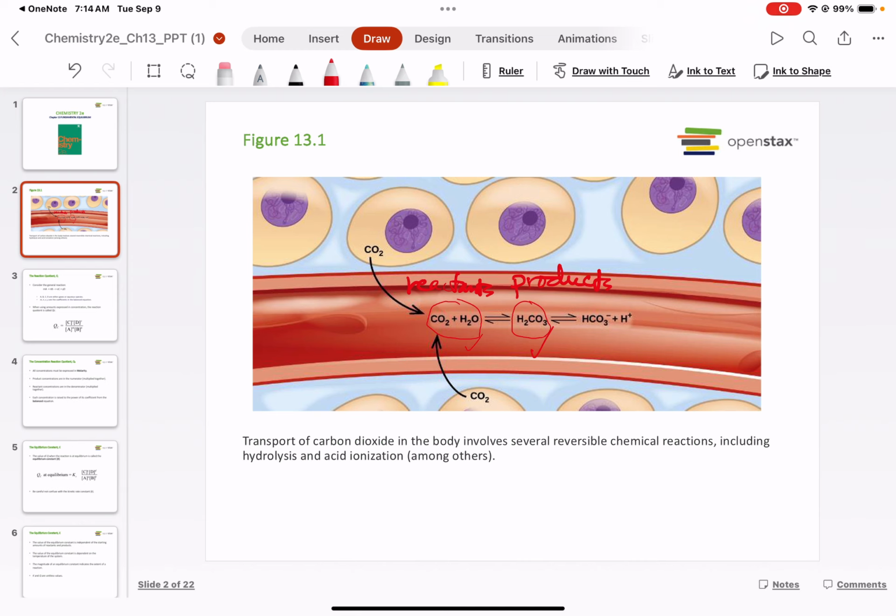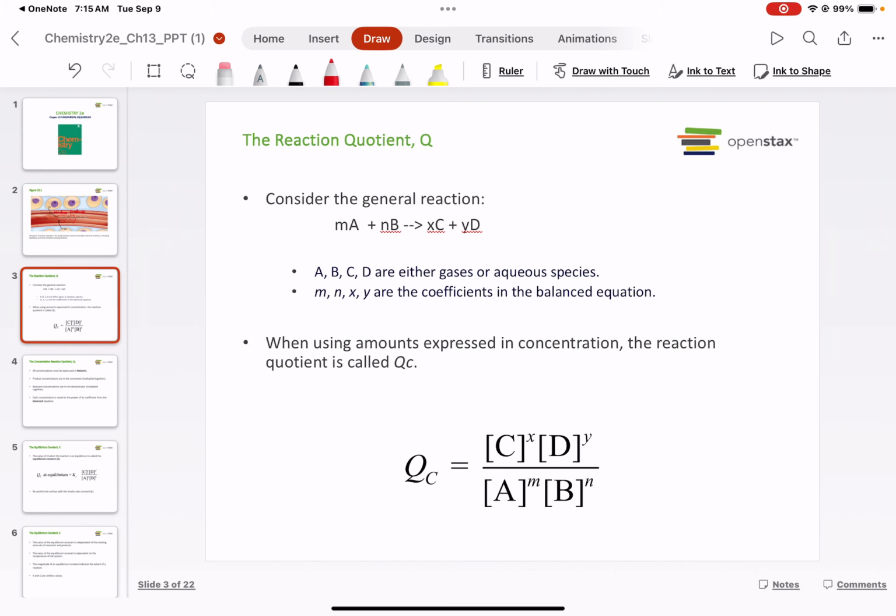Okay, so this is an example of what happens in our blood. Cells bring the CO2, the CO2 gets in the blood vessel, and we release it by exhaling, and then we inhale oxygen, and oxygen gets in the cell. Okay, now back to the chemistry part.